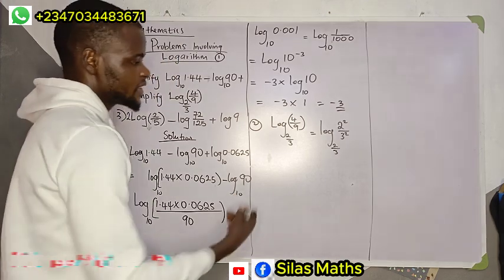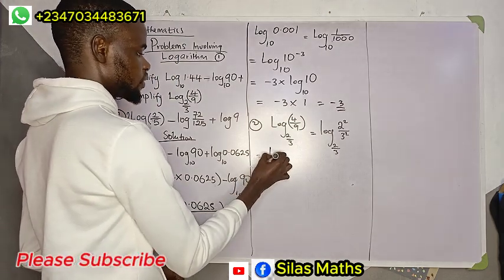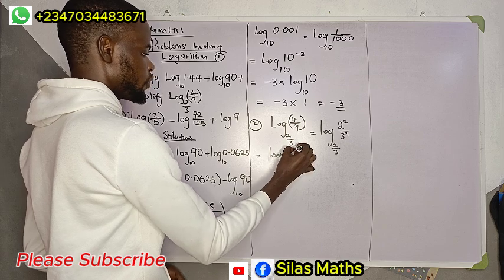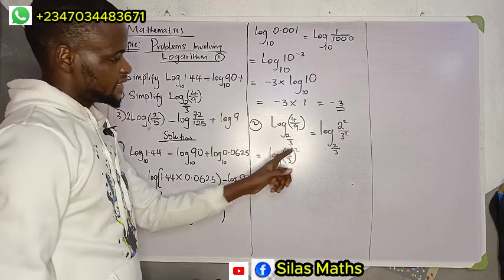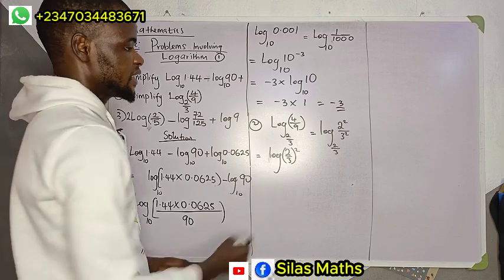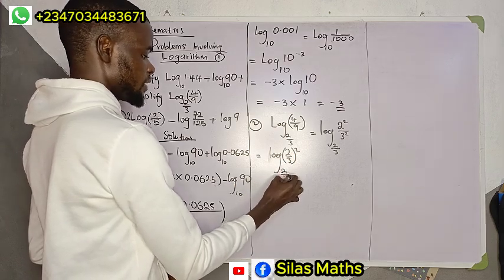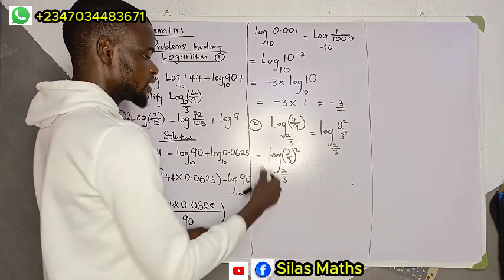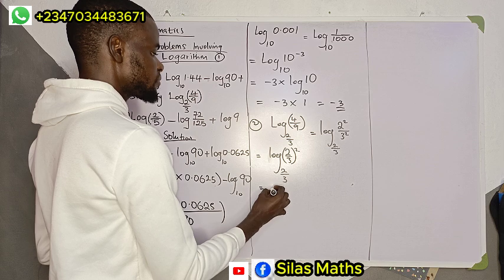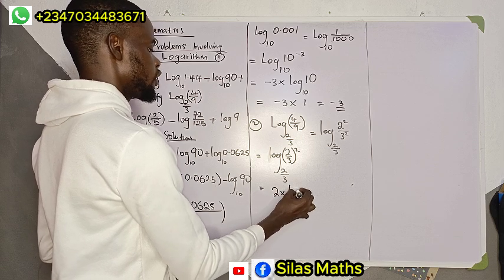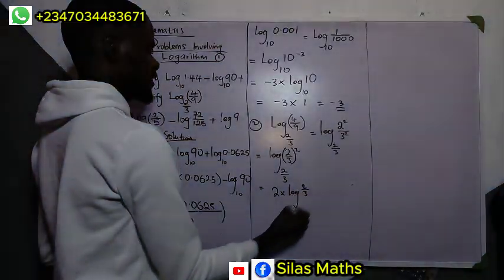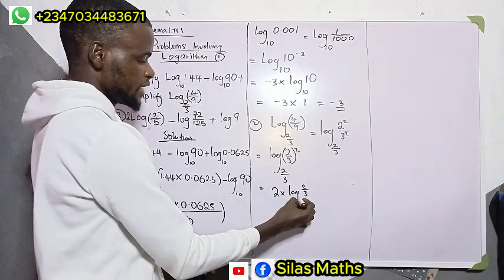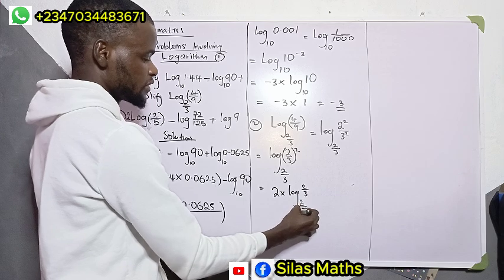Right? So going further, this is the same as log of 2 over 3 all to the power of 2, right? Yes, this power will go over here and here, then we have base 2 over 3. Now at this point, we take this power and multiply the log, and that will give us 2 times log of 2 over 3, then we have the base, which is 2 over 3.